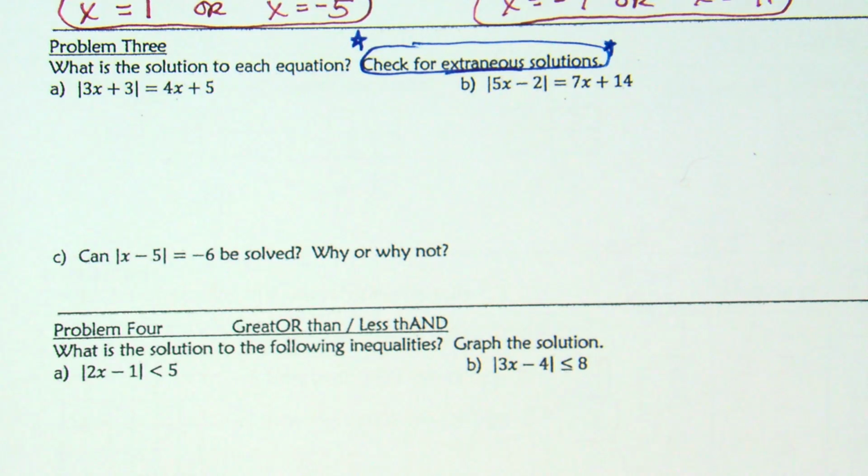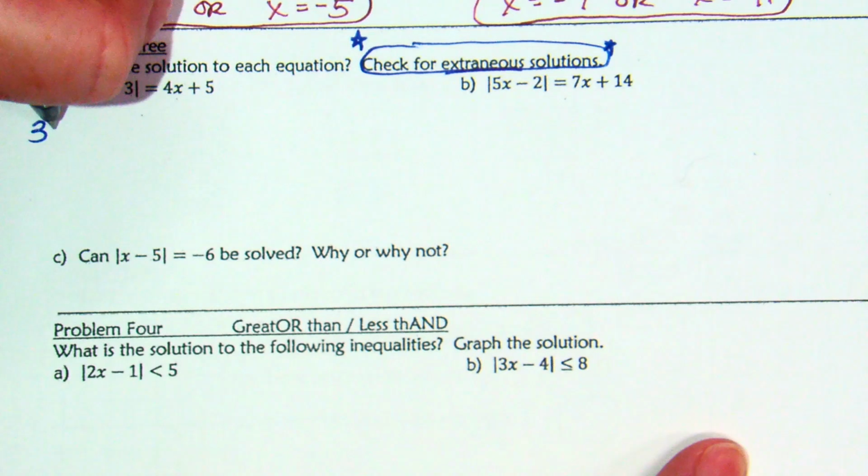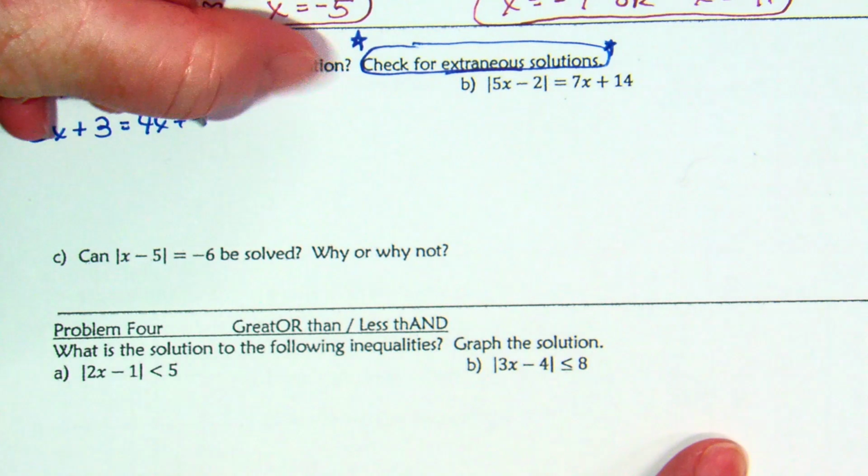In this case, equations. The first equation is always the given one. Just drop the absolute value. So 3x plus 3 equals 4x plus 5.